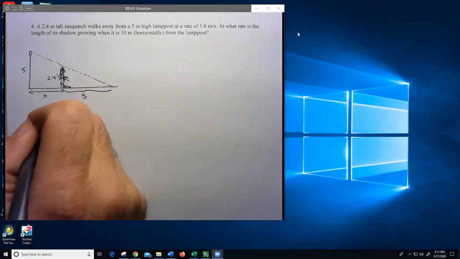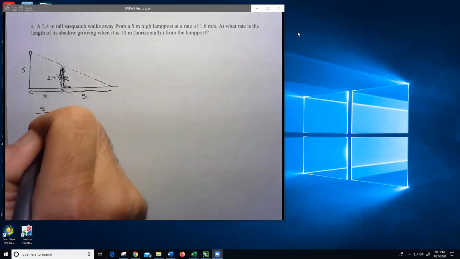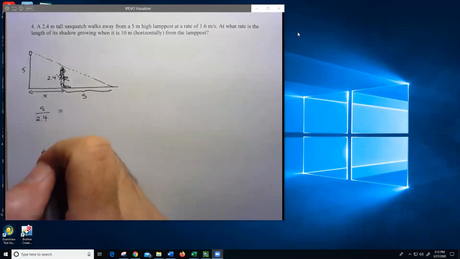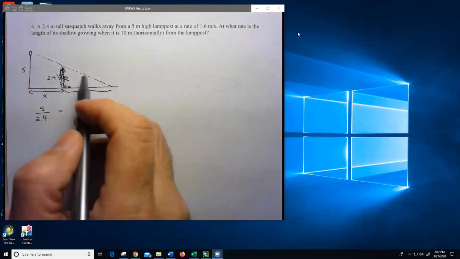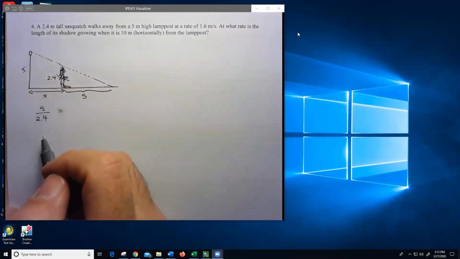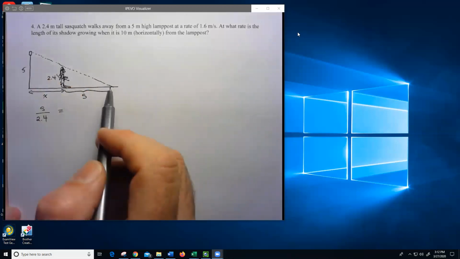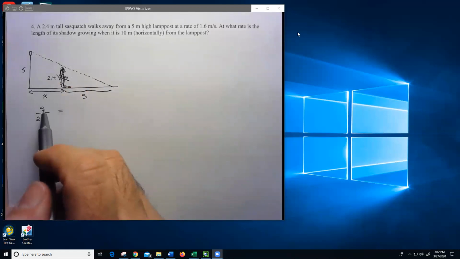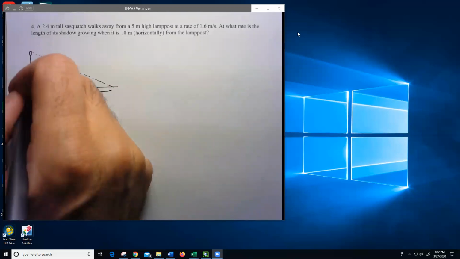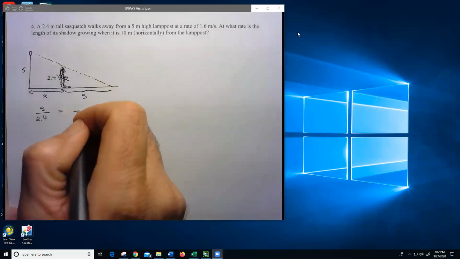So I can have the ratio s over 2.4, okay? And I know that the ratio is going to be the same in the bigger triangle, okay? So what side length in the bigger triangle is corresponding to the 2.4? The 5. Good.